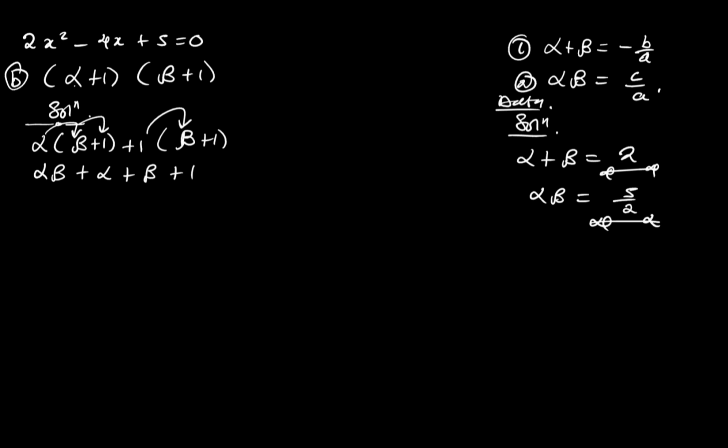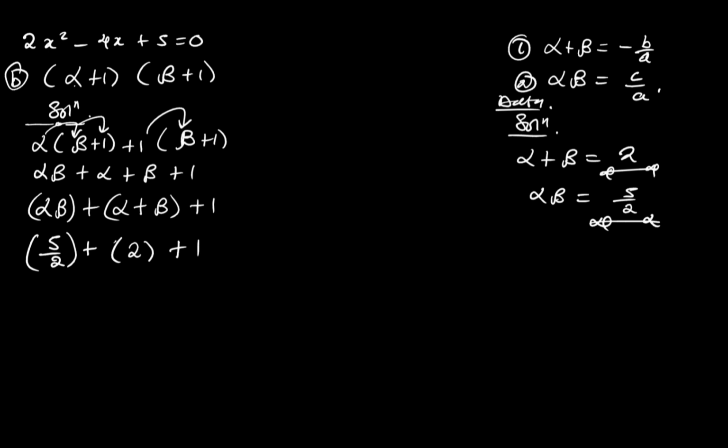So now I'm trying to look at how I can get alpha plus beta from this and how I can get alpha beta. If I want, I can put alpha beta in brackets. Then I look at the alpha plus beta, which is this here. Then the plus 1 remains as a number. So alpha beta is literally 5 over 2, plus alpha plus beta, which is me substituting 2, then plus 1.